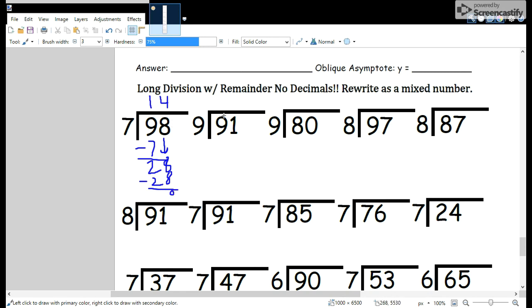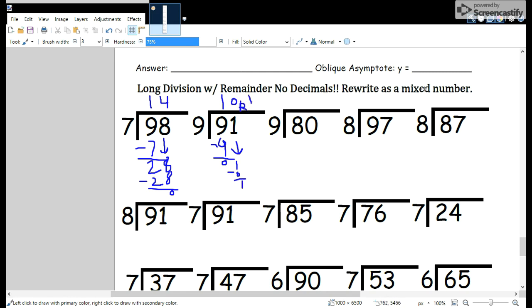Okay, let's look at the next one. 91 divided by 9. 9 goes into 9 one time. 1 times 9 is 9. Subtract. Get 0. Bring down the 1. 9 goes into 1 0 times. Subtract 0. You have a remainder of 1.